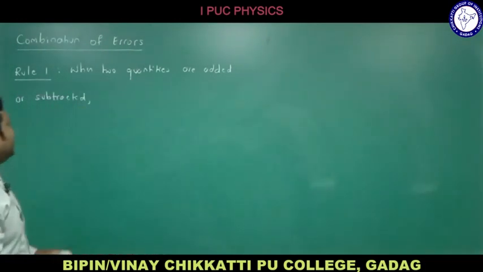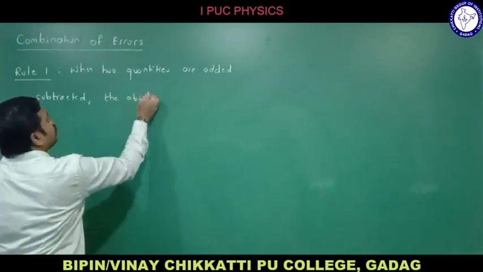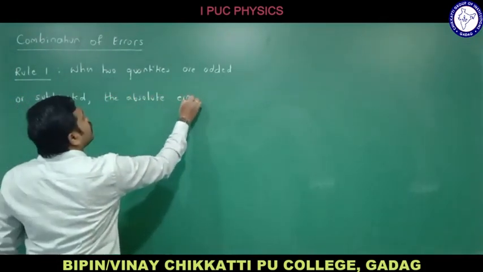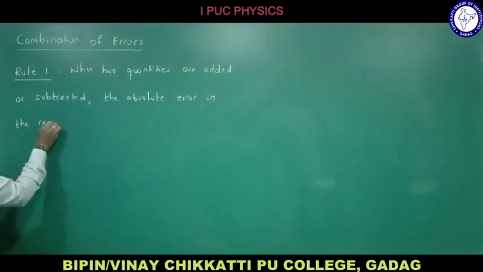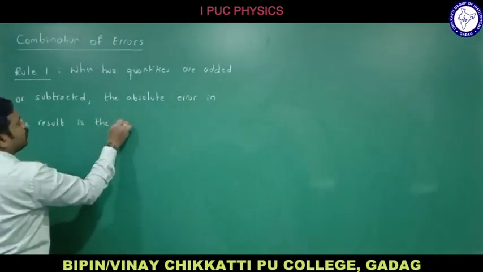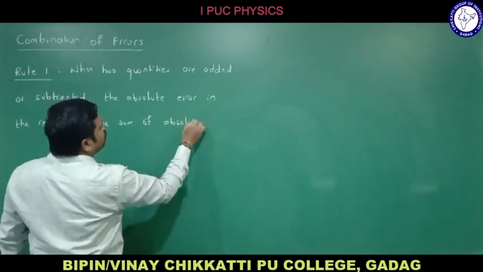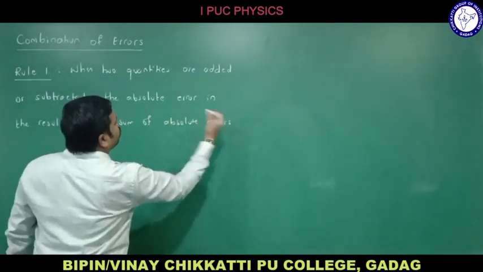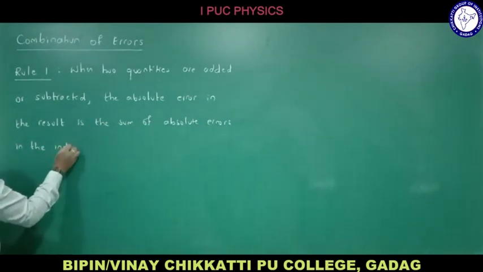When two quantities are added or subtracted, the absolute error in the result is the sum of absolute errors in the individual quantities.